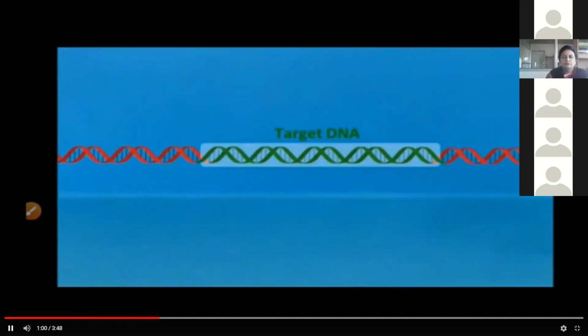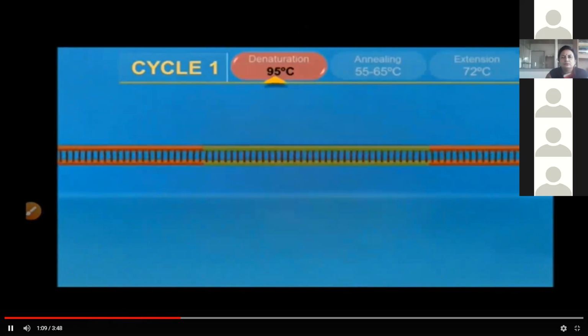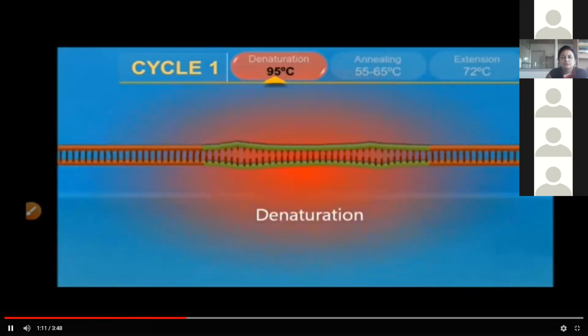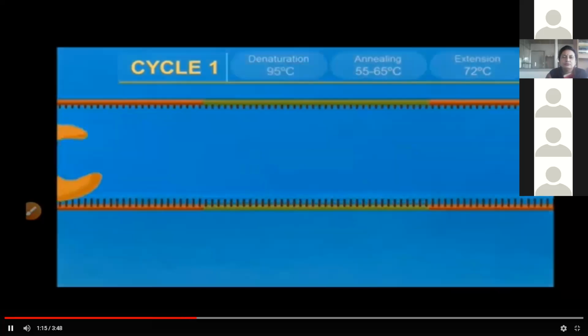What happens inside the thermocycler machine? The target DNA is first unwound. That is step 1, denaturation or melting of DNA, which is carried out at 94 to 95 degrees Celsius. The double-stranded DNA is unwound, hydrogen bonds are broken and it is converted into single-stranded DNA.